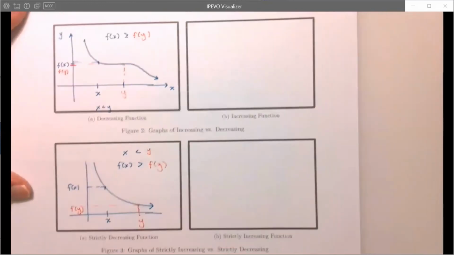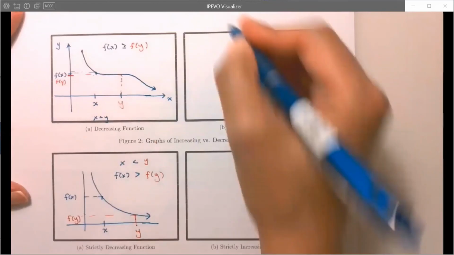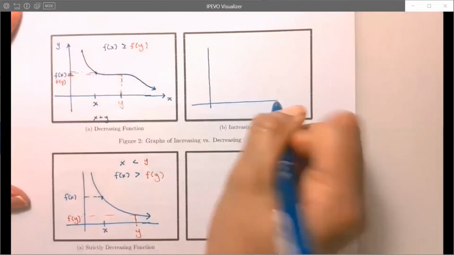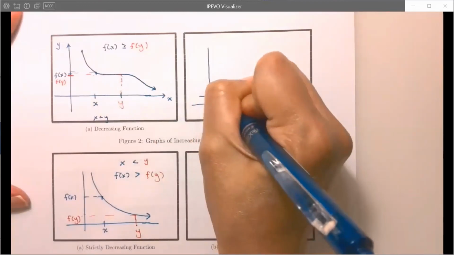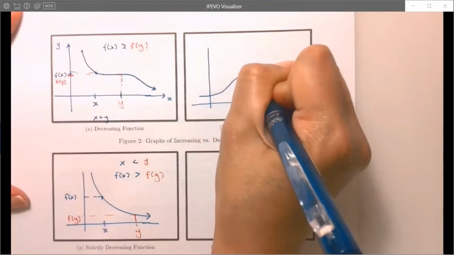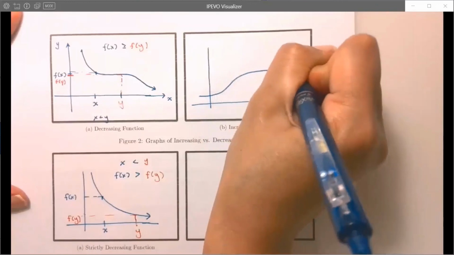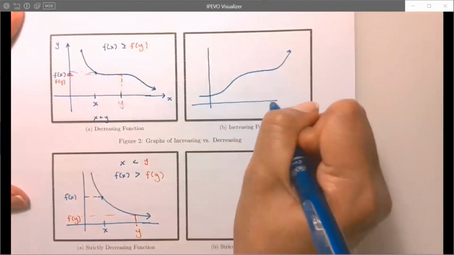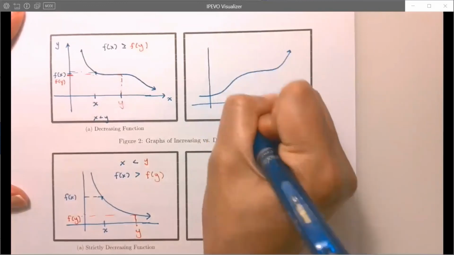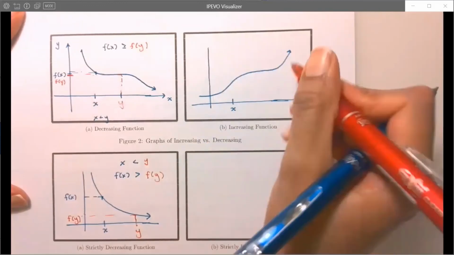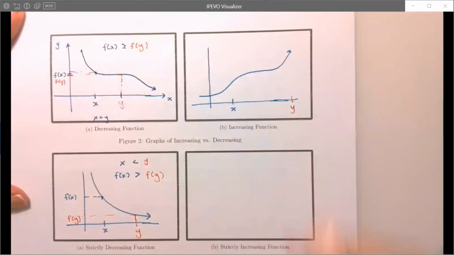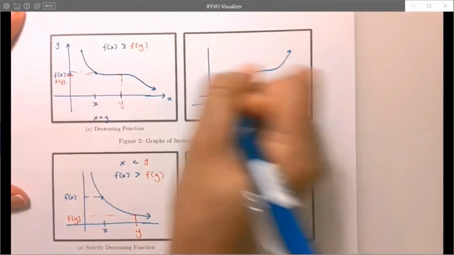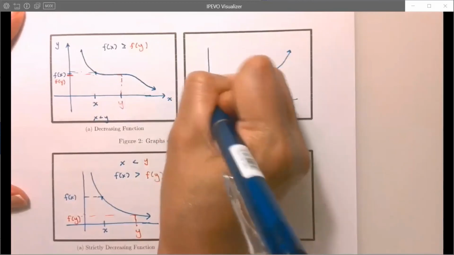Okay, what if it's an increasing function? Well, the diagram will look exactly like it sounds, it's increasing, where maybe there are some parts that are flat before it continues to increase. So for instance, if I take x at that point and y at this point, f of x is going to be here.